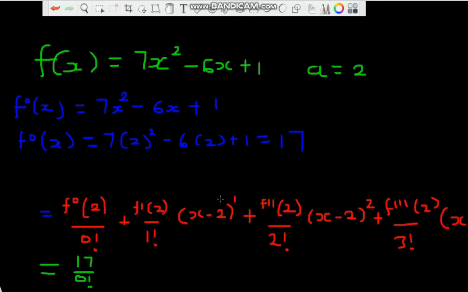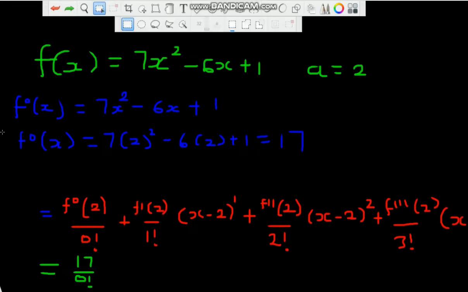Okay, so now let's find the first derivative. When we find the first derivative, we get what we have at the top here.